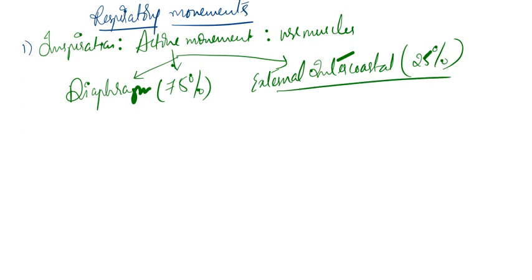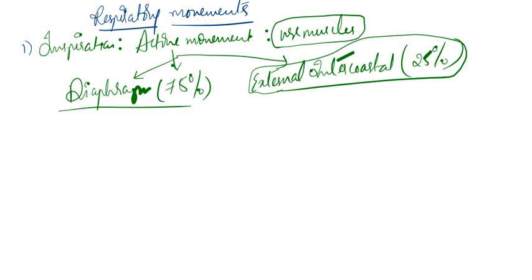Now, the diaphragm shares 75% of the effort, and external intercostal muscles give 25% effort. So these two muscle groups help in active movement of the respiratory tract, thereby causing inspiration.